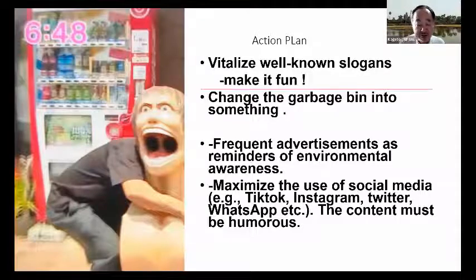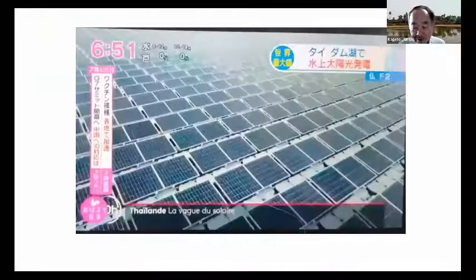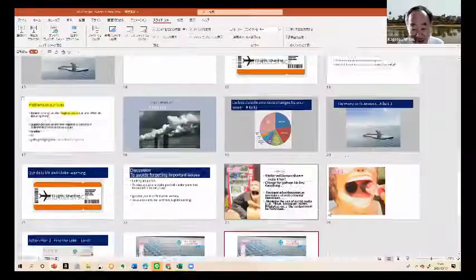So this group's action plan is like this. Oh, very shocking, like this. And one more, action plan 2 is to find a lake or land. This is the case in Thailand, like this. Oh, she already keeps it. Okay, like this.